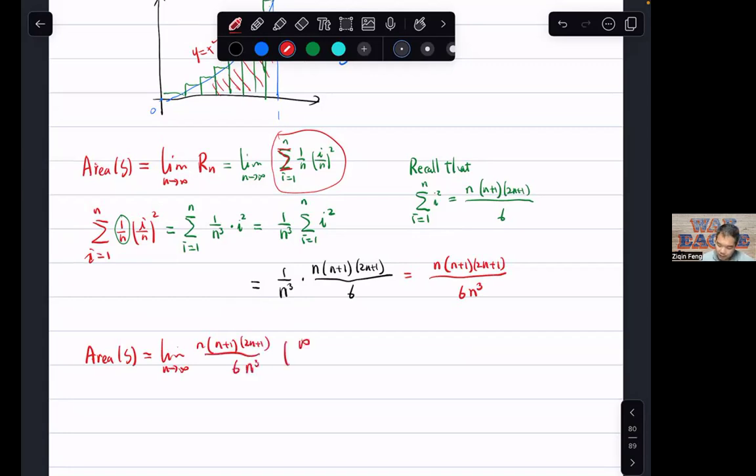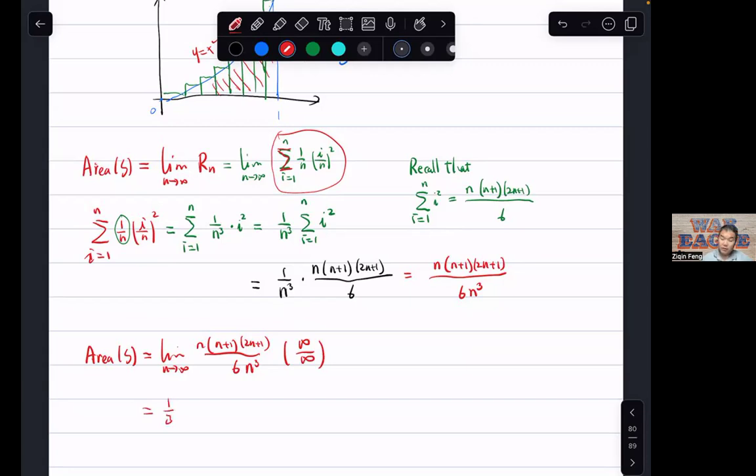This is infinity over infinity, so apply L'Hopital's rule, maybe 3 times. You get 1 over 3. So the area of the region bounded by y equals x squared is 1/3.